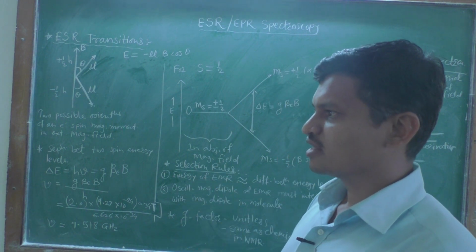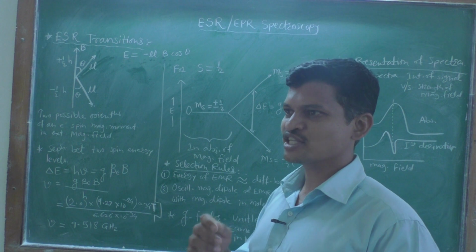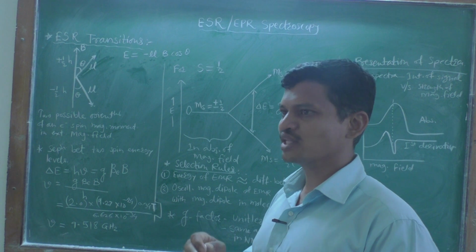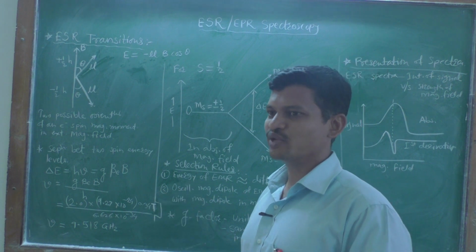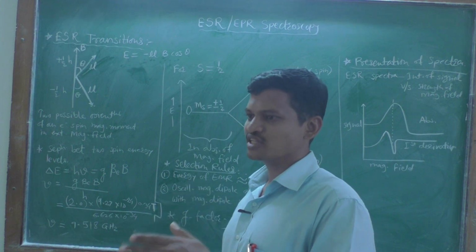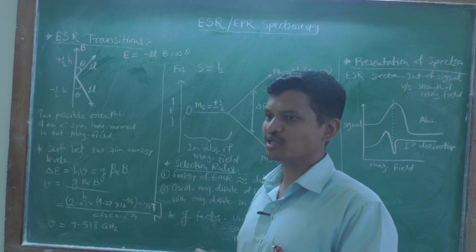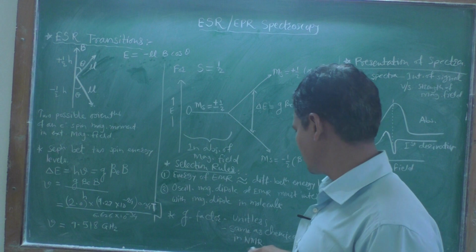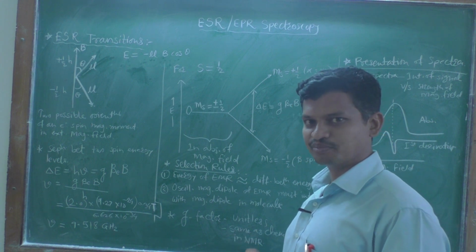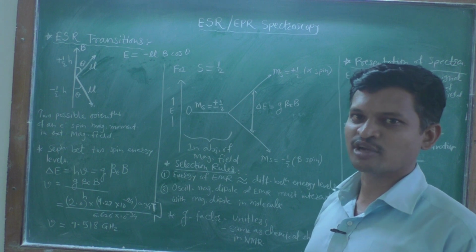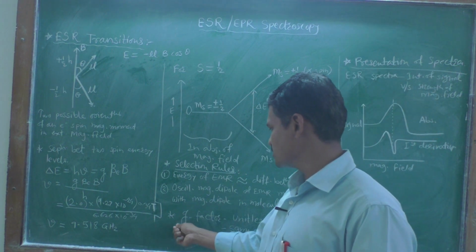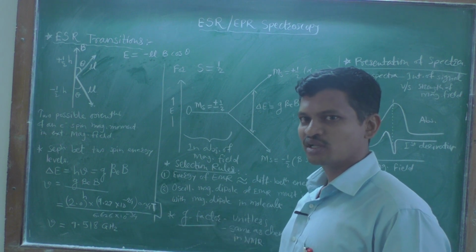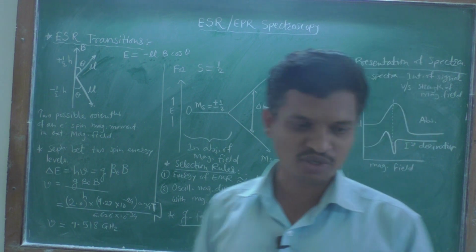When the ESR spectrum gives signals away from this value, we can say that a shift in the g value has occurred. This g value is very similar to the chemical shift in nuclear magnetic resonance, that is NMR spectroscopy. It is a similar unitless quantity.